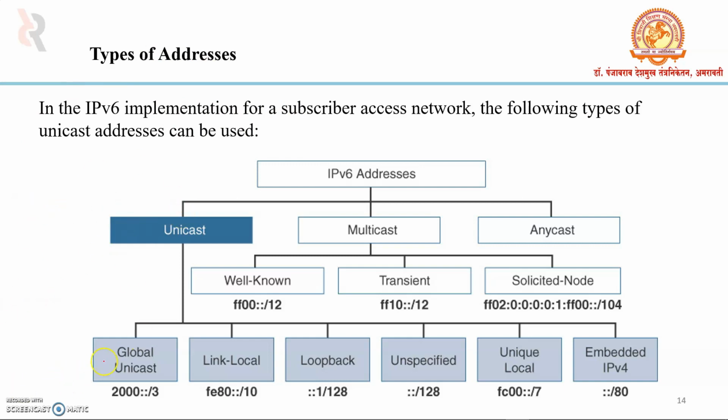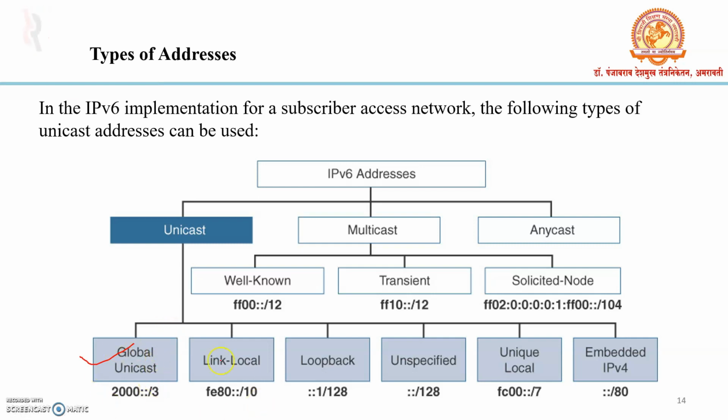Number one, global unicast. A unique IPv6 address assigned to a host interface. These addresses have a global scope and essentially the same purpose as IPv4 public addresses. Global unicast addresses are routable on the internet.